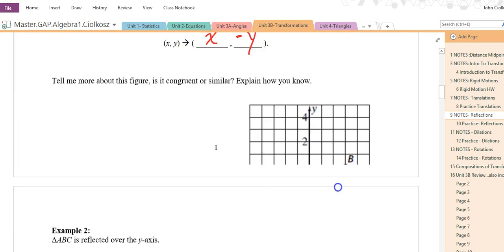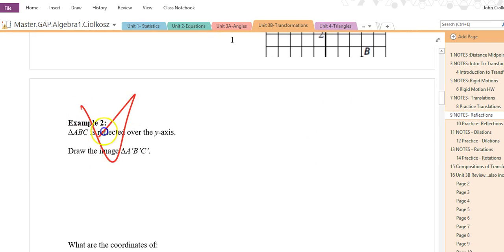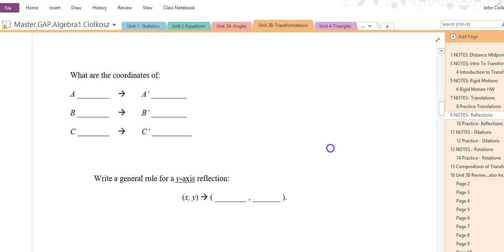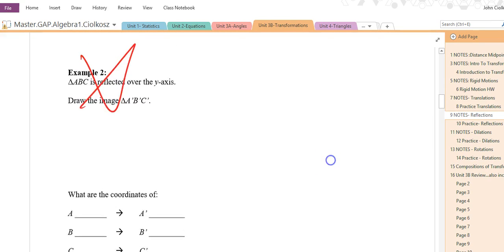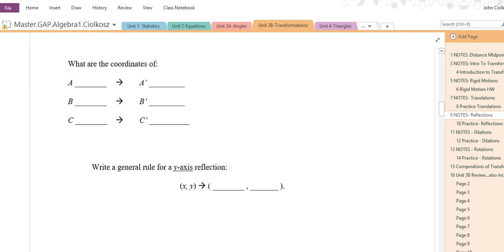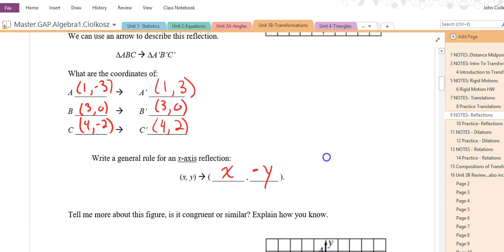Example 2 we're going to skip, because you can see it didn't copy and paste very well. But if you wanted this general rule, trust me at this point, it'd be -x, +1. So kind of the opposite of what we've seen up here.